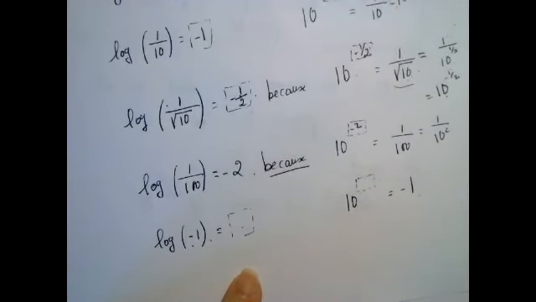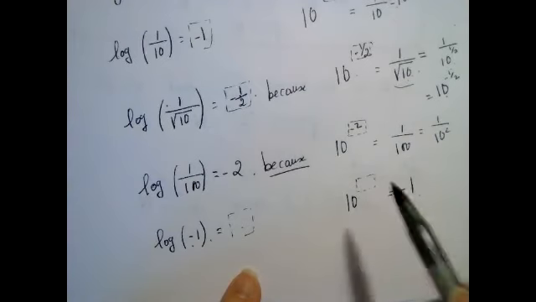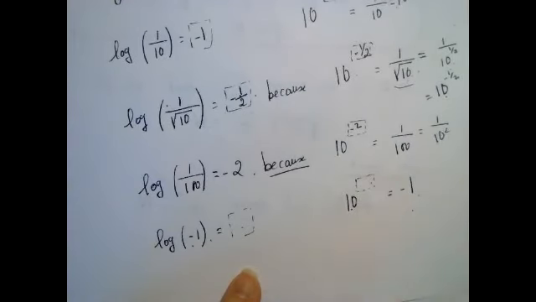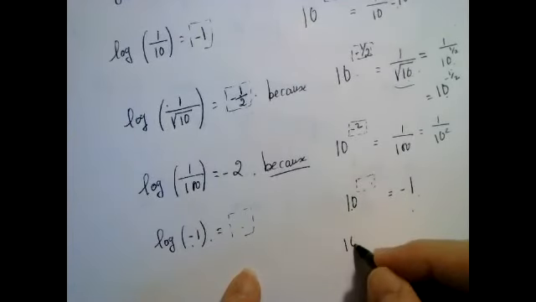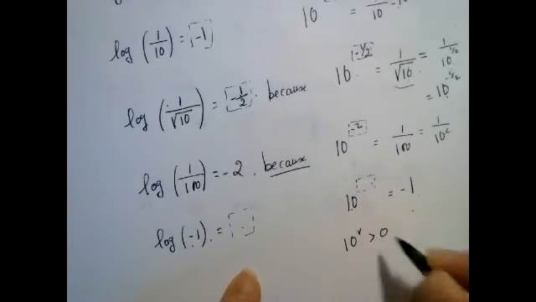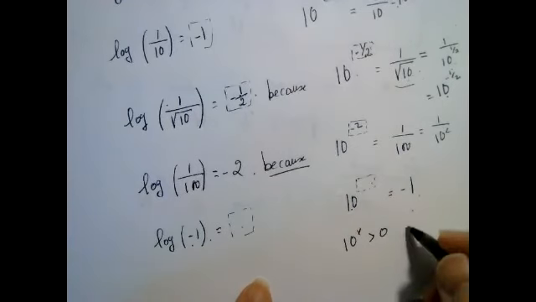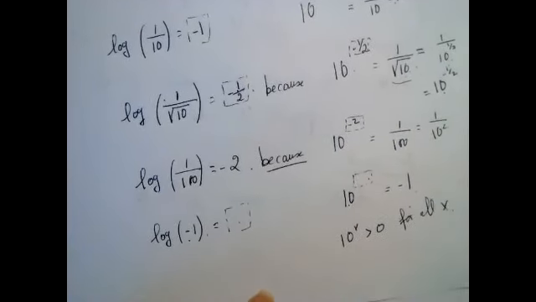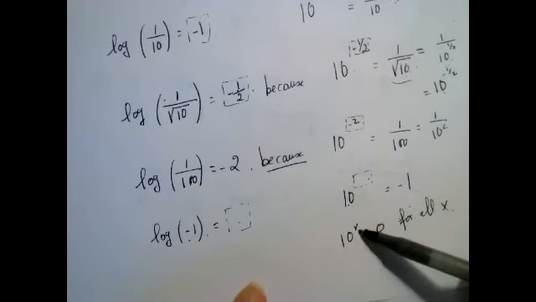Okay, Brandon, you're absolutely correct. It's undefined. Why is it undefined? Because 10 to any power is a positive number. As we said a minute ago, 10 to the power x is always positive, no matter what x is. It means we cannot find a number x so that 10 to the power x is -1.